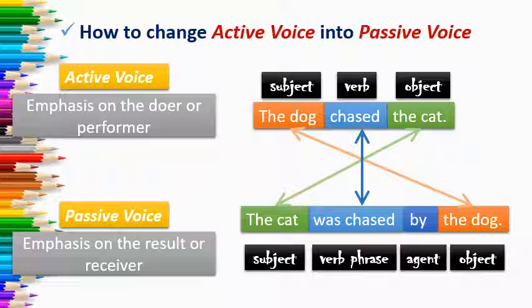Or we can say that passive voice means when the subject of a verb receives the action. The subject of the active voice becomes the object of the passive voice and the object of the active voice becomes the subject of the passive voice, and the verb will change accordingly. And we add the preposition by before the object in passive voice.